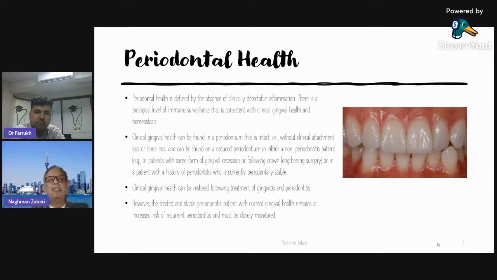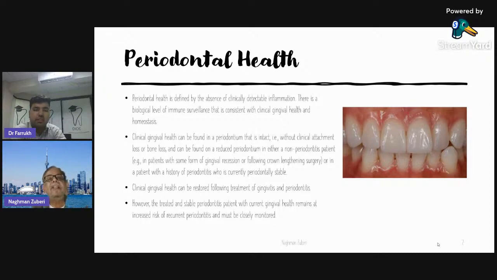Clinical gingival health can be found in a periodontium that is intact, meaning it does not have any loss of clinical attachment or any bone loss, and can be found even in a reduced periodontium, like after some disease which is treated, or where the loss of periodontium is because of any other reason, like crown lengthening procedures, etc., which we call non-periodontitis clinical attachment loss or non-periodontitis reduced periodontium.